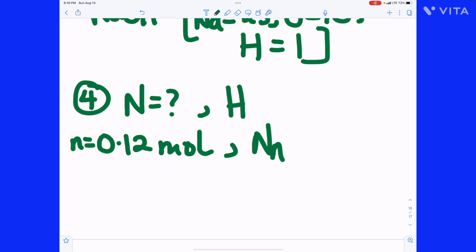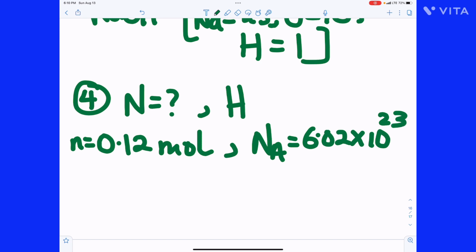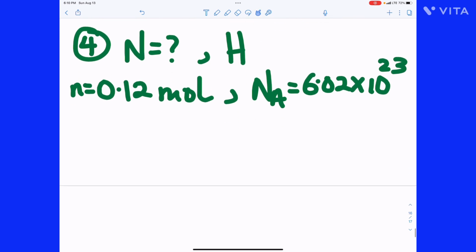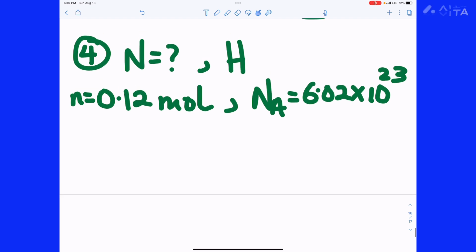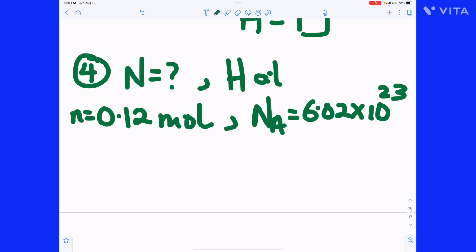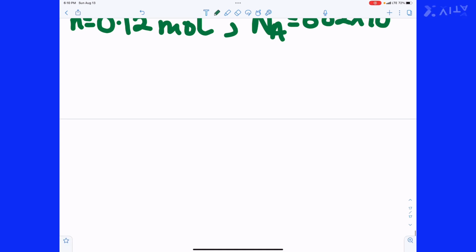Given that the Avogadro number is 6.02 times 10 raised to power 23.